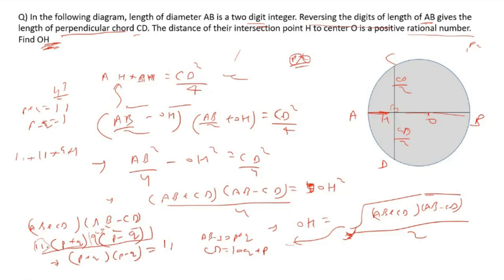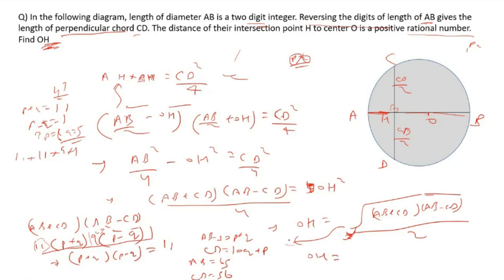So we have a single 11, and we need to get another 11. P plus Q can be made 11 and P minus Q can be made 1. It directly gives P as 6 and Q as 5, so AB would be 65 and CD would be 56. Now put the values in.